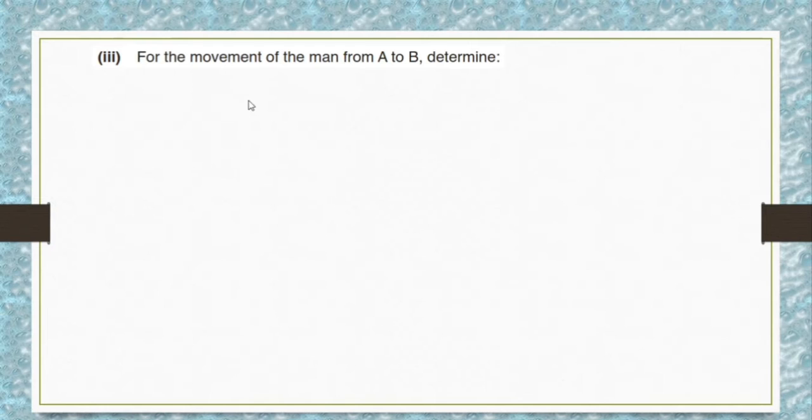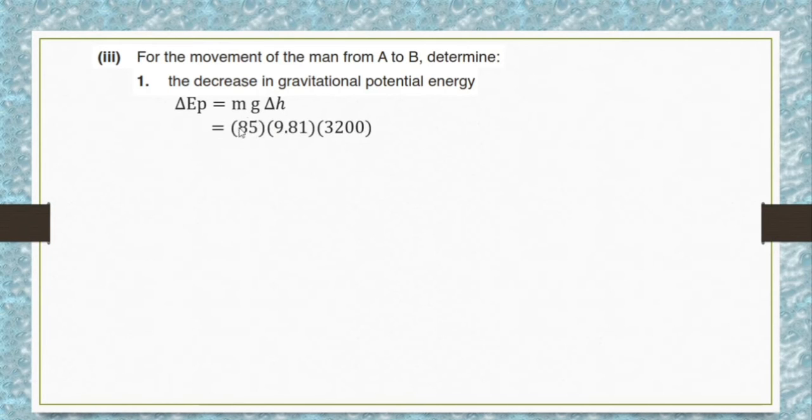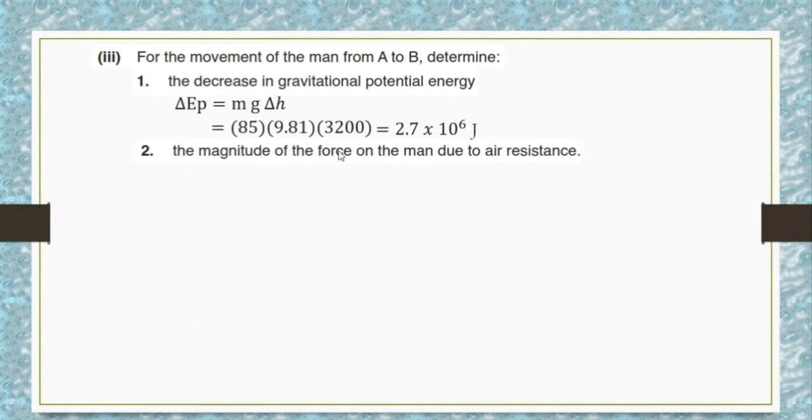For the movement of the man from A to B, determine the decrease in gravitational potential energy. We know that the decrease in gravitational potential energy, delta potential energy, is mass times g times delta h. The mass is given 85, g is 9.81, and delta h is 3,200 meters. So you can find delta potential energy, which is 2.7 times 10 to the 6 joules. Next, the magnitude of the force on the man due to air resistance.